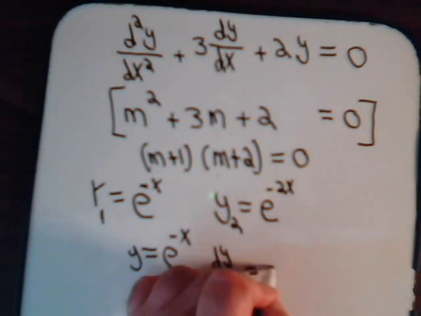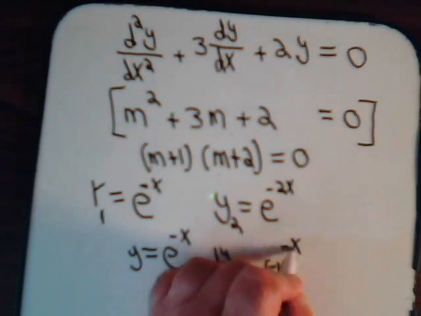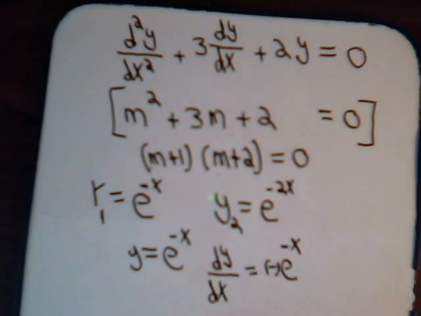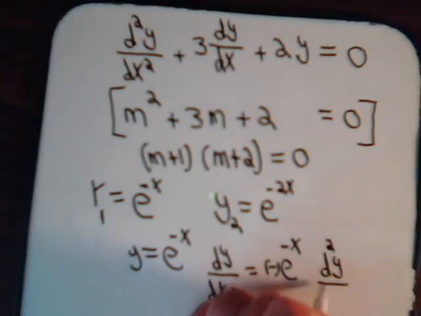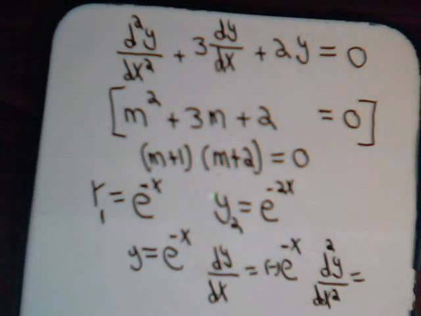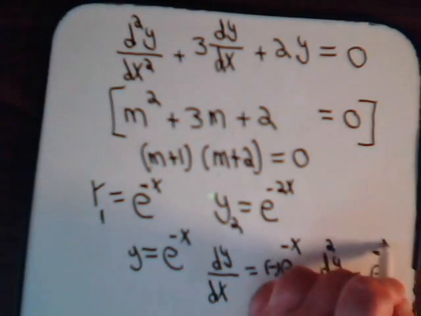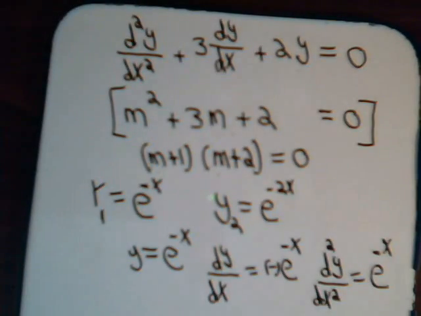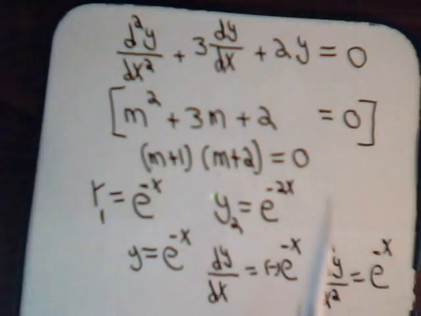would just be minus e to the minus x, and d squared y dx squared will be plus e to the minus x. So we substitute these values into the equation up here.